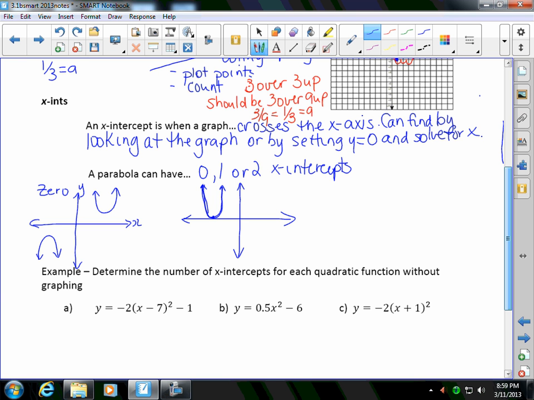And again, it could go up, or it could go down. And then to have 2 x-intercepts means that your graph has to cut the x-axis. So it could be going up in that direction or down in that direction.